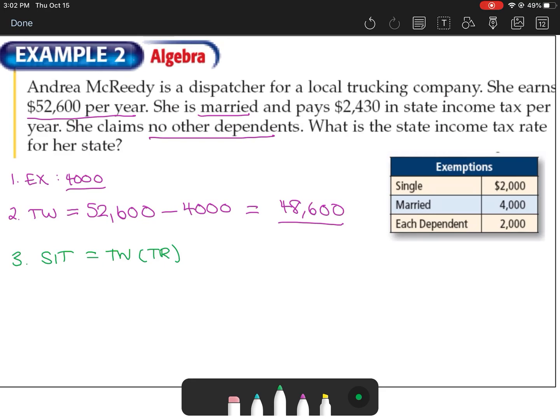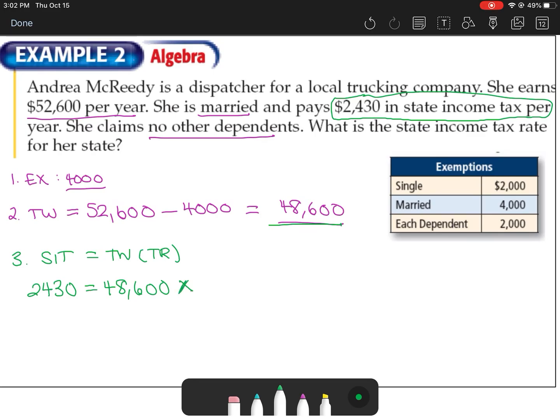So they want to know what is our tax rate, so that we can put in X. Next thing I want to look is, do I know her state income tax? Well, it says here that she pays $2,430 in state income tax per year. So that's going to go here, $2,430 equals my taxable wage, which we found in step 2, so $48,600 times my tax rate, which we don't know, so I'll put X.